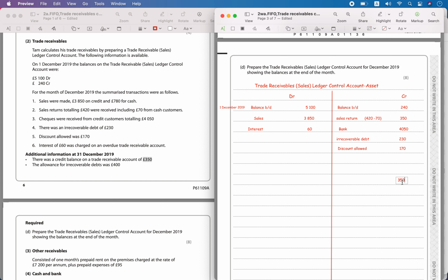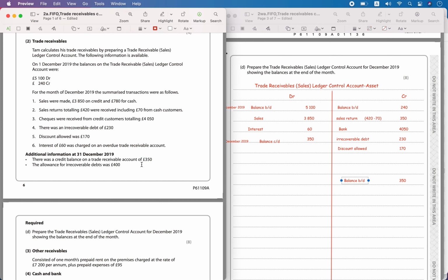This balance c/d was on 31st December. So they are saying that there was a credit balance of 350 at the end of the month.